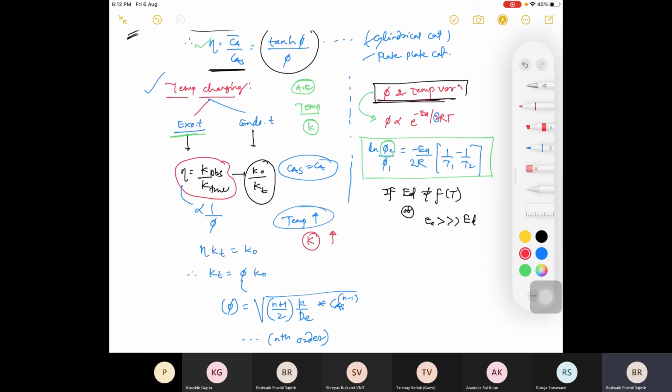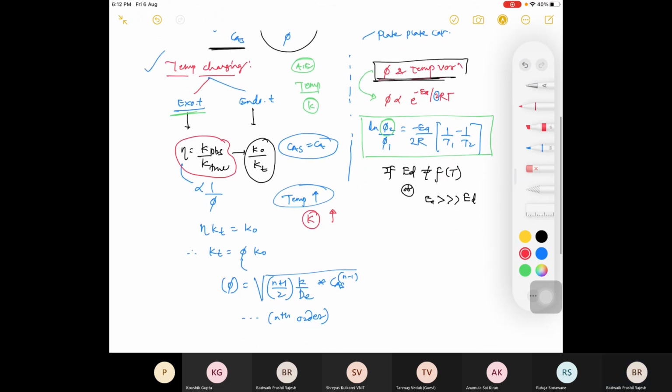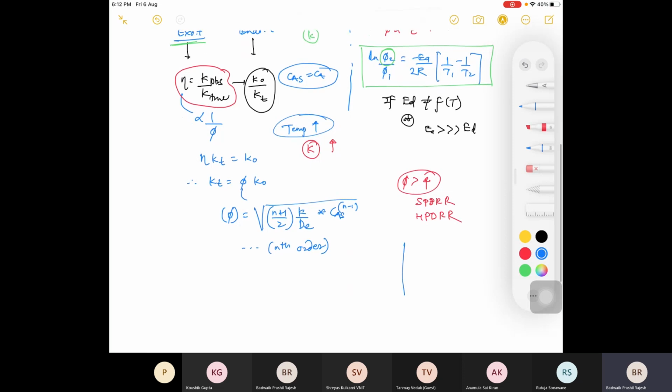Now, I told you when phi is greater than 4, that is the strong pore diffusion resistance regime, also called the high pore diffusion resistance regime. At that condition, your effectiveness factor is inversely proportional to phi. This I have already told you, and I also drew a curve showing effectiveness factor with phi.